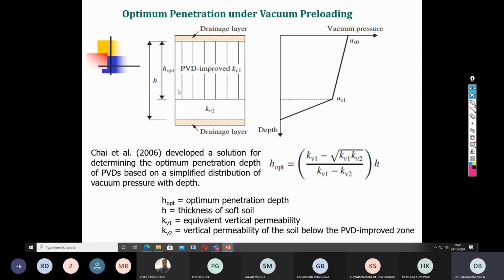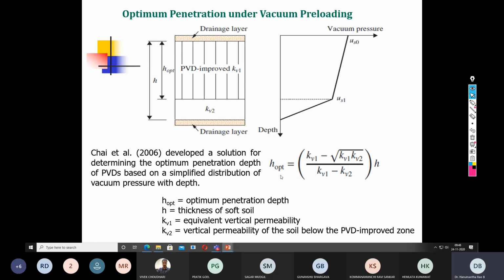If you look at the cross section of the PVD improved vacuum preloading condition, the vacuum pressure is a function of depth. Initially it is US0 and at the bottom of the PVD it is US1. Accordingly there is a change in the permeability within the zone of vacuum preloading, that is KV1, and below it, the soil KV2.